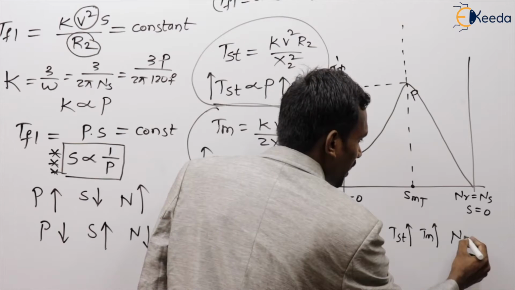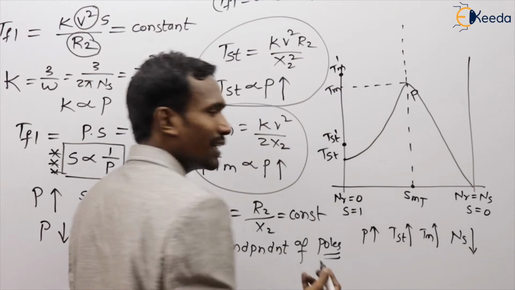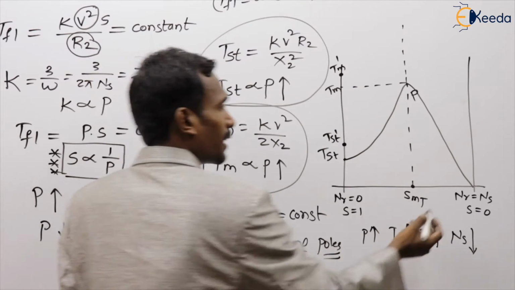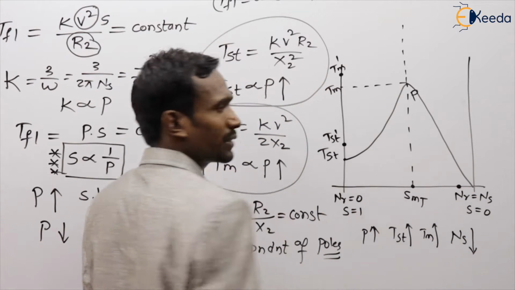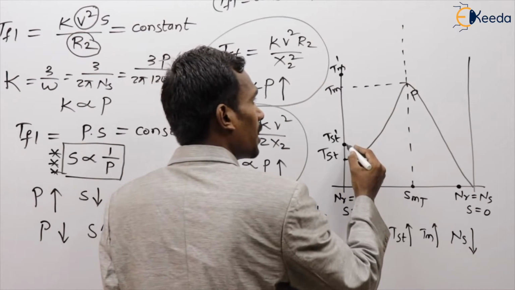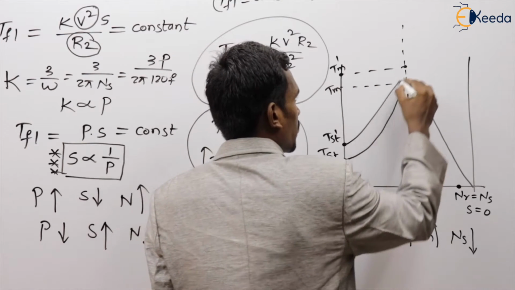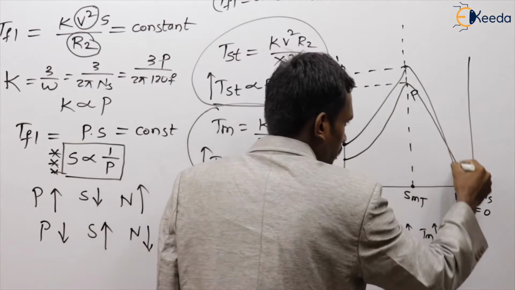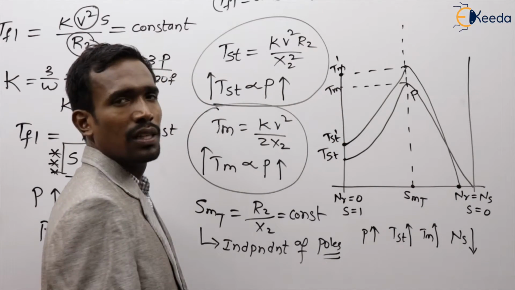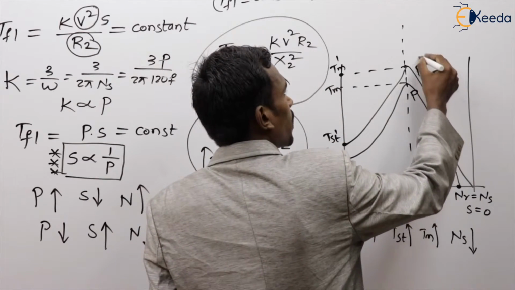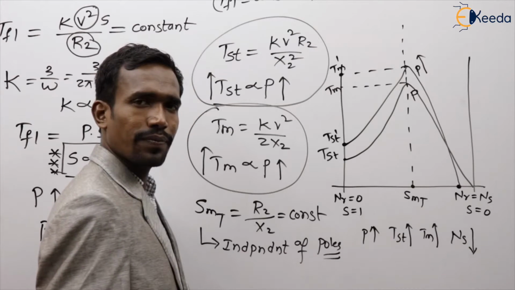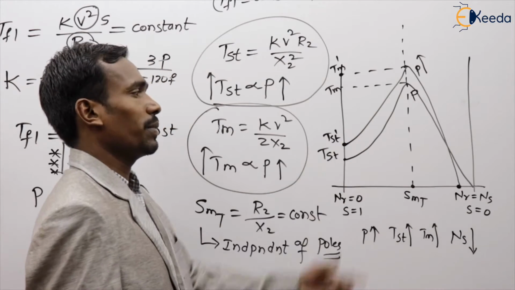If poles increase, synchronous speed reduces. Then the curve is like this, this is where my maximum torque is attained. This is with an increased number of poles.